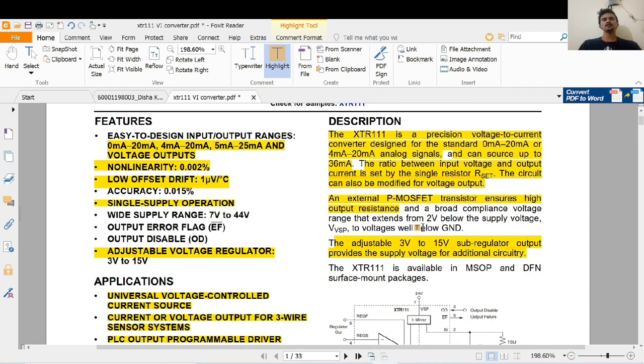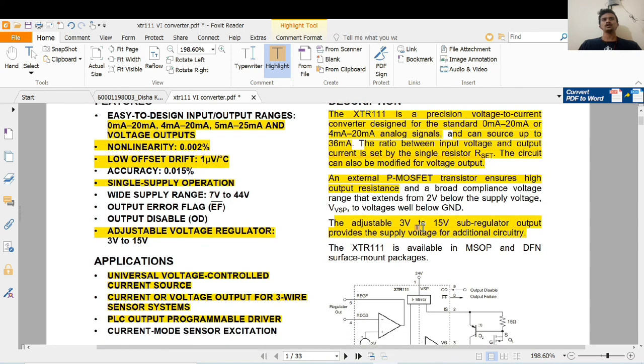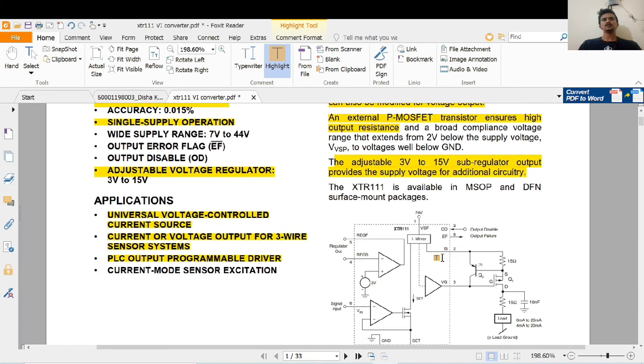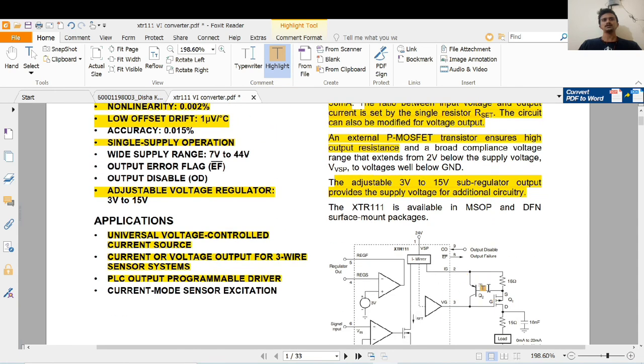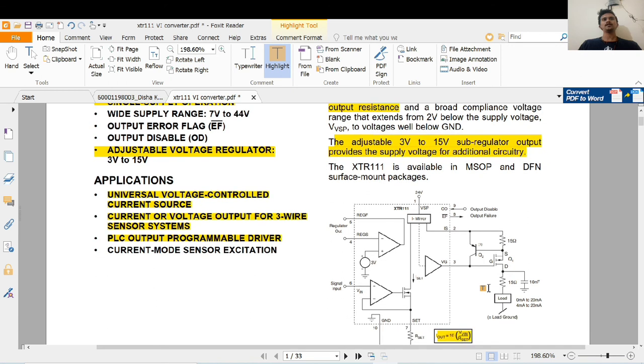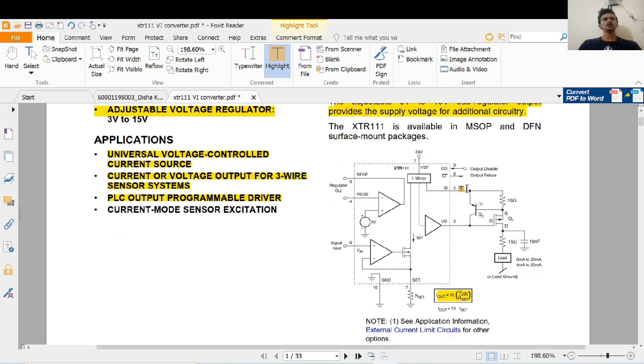The circuit can also be modified for voltage output. An external P-MOSFET transistor ensures high output resistance. It is also an adjustable voltage regulator, which adjusts from 3 to 15 volts and provides the supply voltage for additional circuits. This IC has many applications.